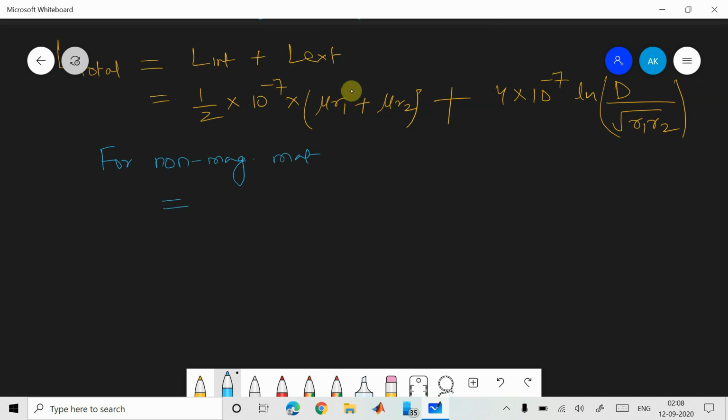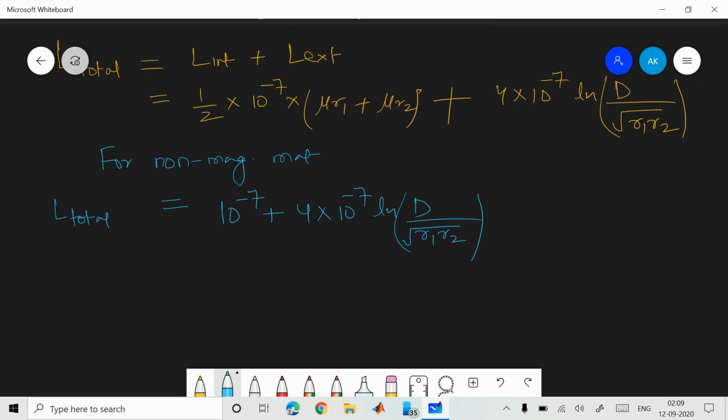So in that case, L total will be how much? 10 raised to power minus 7 plus 4 into 10 raised to power minus 7 ln d over under root r1 r2.